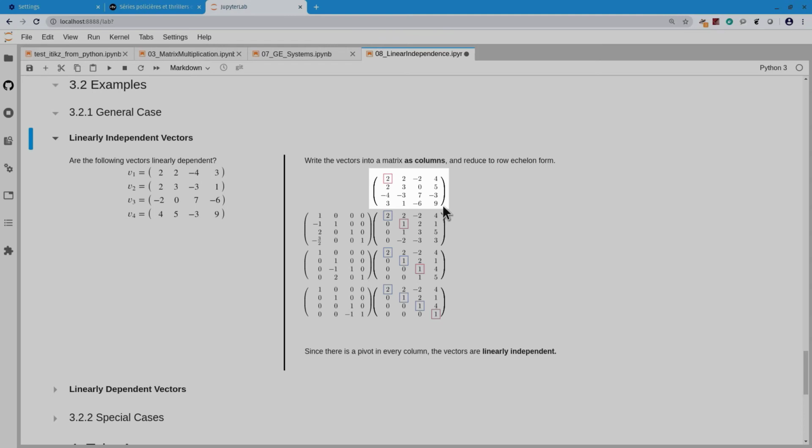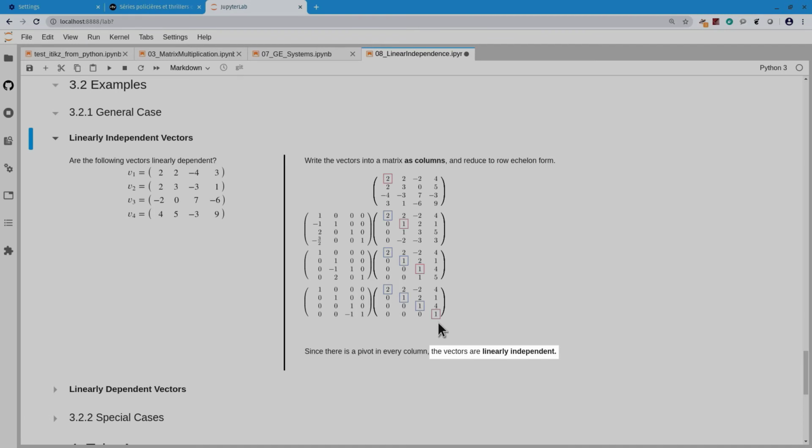So here it is. Now we run Gaussian elimination because we're after the pivots. We introduce zeros in the first column, then in the second and the third. At the end of it, when I'm in row echelon form, I see a pivot in every column. And so the answer here is yes, these vectors are linearly independent.